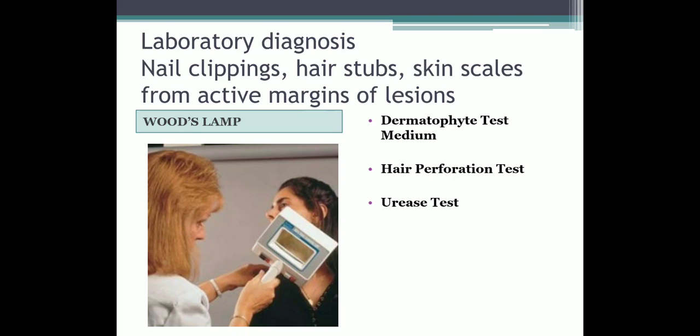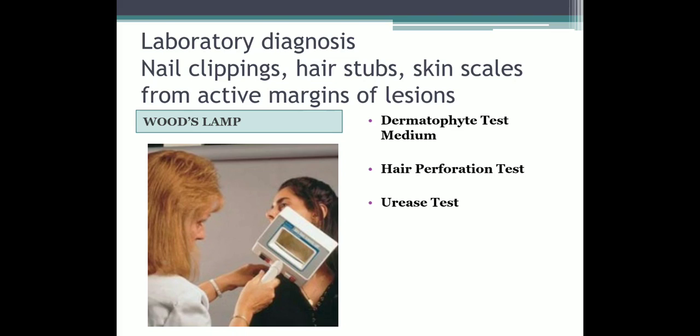We have to culture with dermatophyte test medium, which is a specialized medium, or we can also culture on Sabouraud's dextrose agar to get the characteristic morphological and microscopic appearance, which we have previously described for all the three species separately.